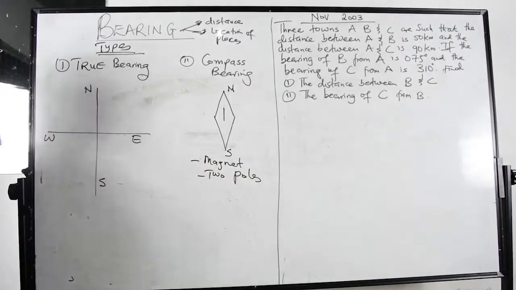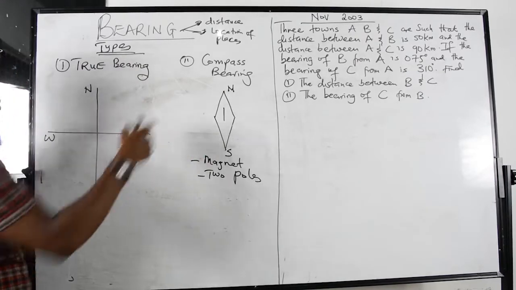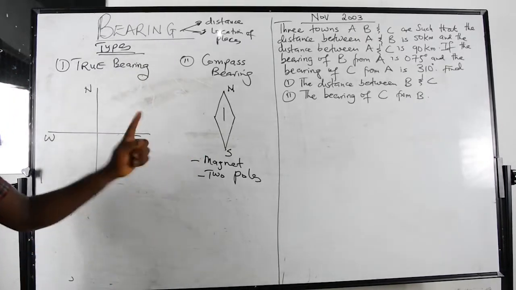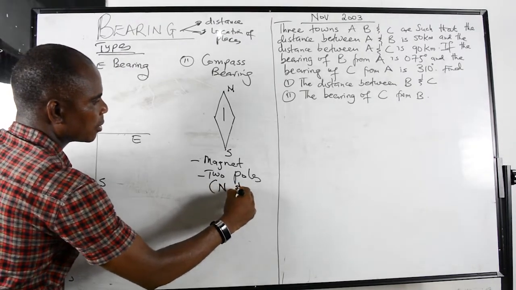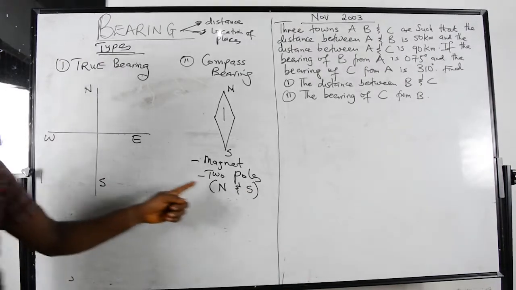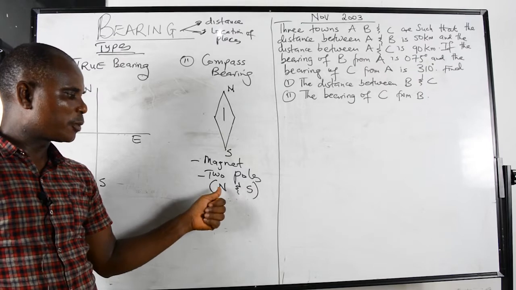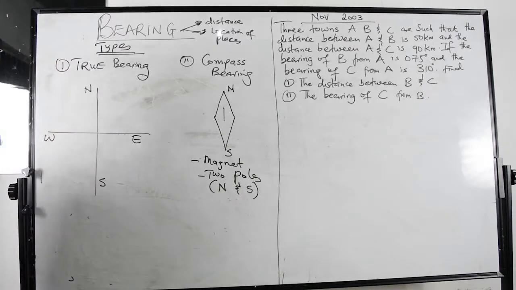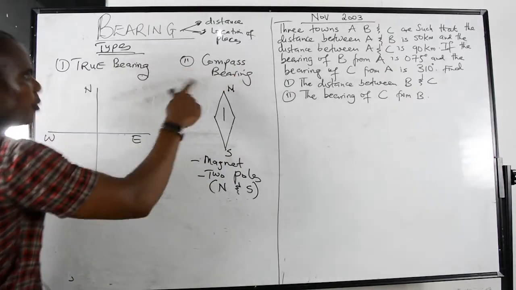We are using the word compass bearing because we are using the phenomenon of magnet. A magnet has two poles, the north and south pole. So you see the compass bearing will contain letter S or N in there. We can always start with N or S. That's the north pole or the south pole, because a compass has two poles.